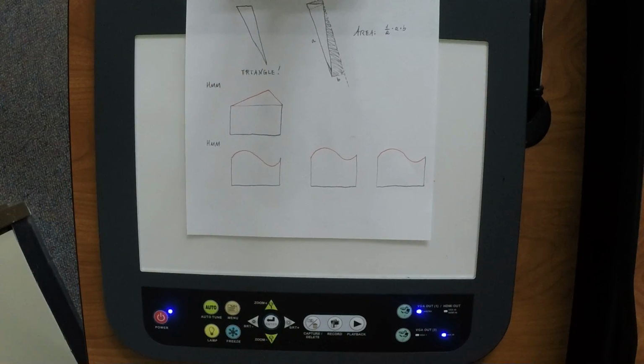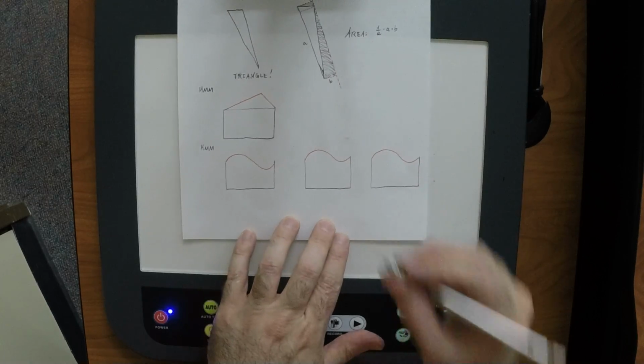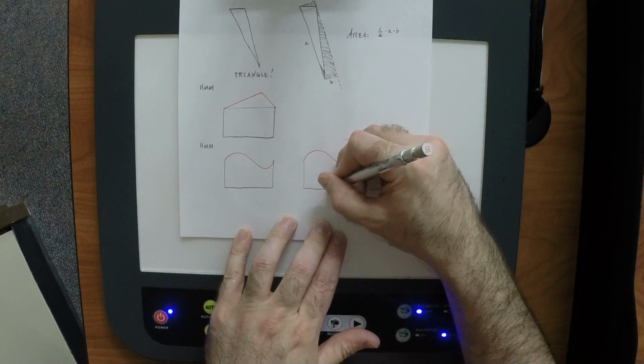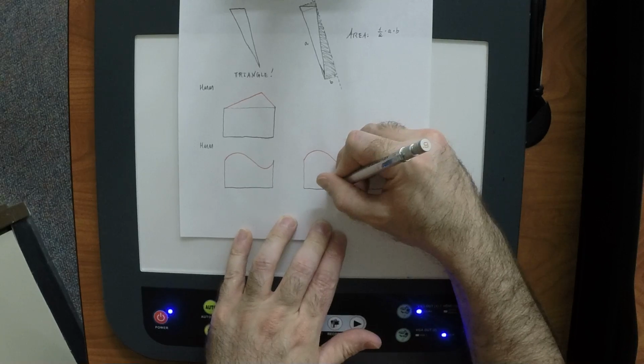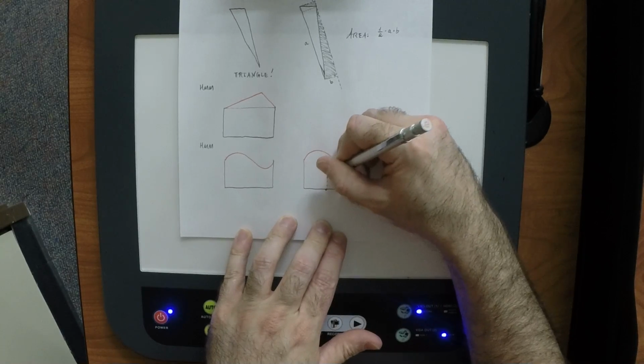And what I'm going to do is cut the first one into 4 pieces, like this.